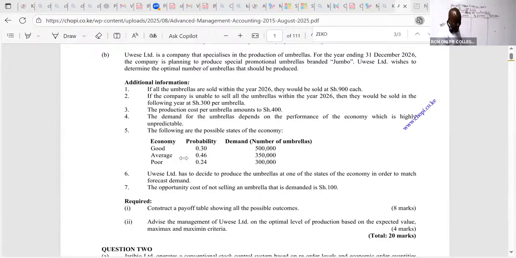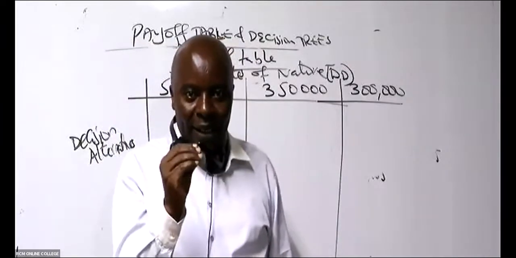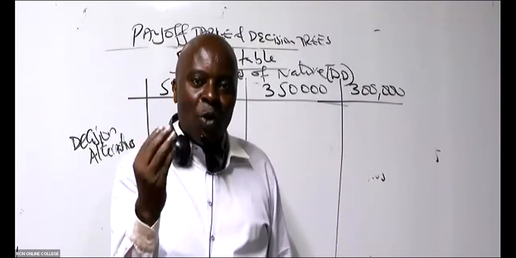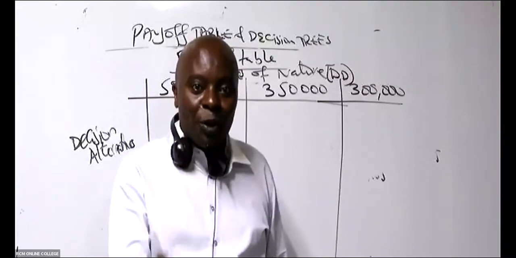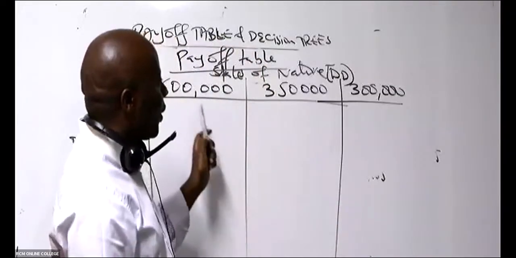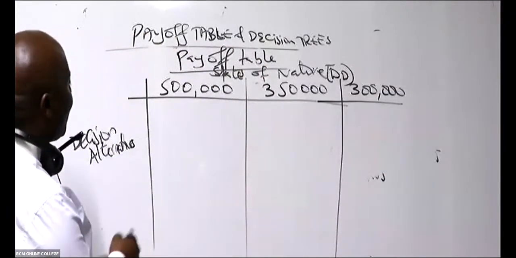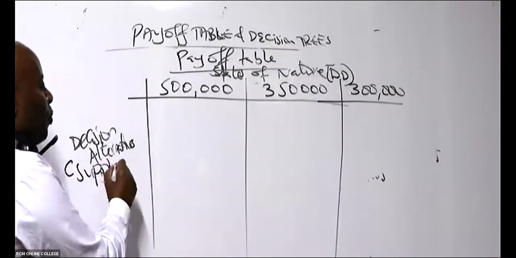Thank you so much. Now, remember the rules of demand and supply. If demand is 300, we always want to meet the demand by supplying those 300. So whenever you see a question with states of nature of demand, always ensure that here you have your supply, and you must match.